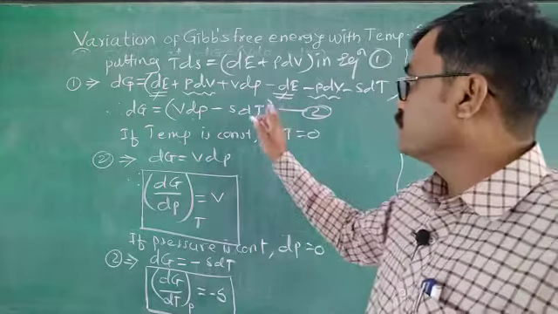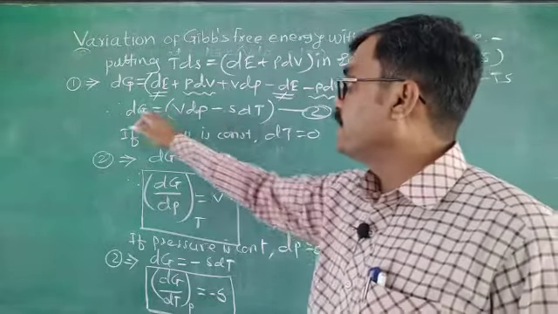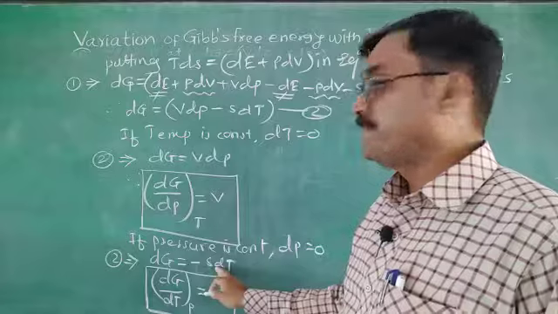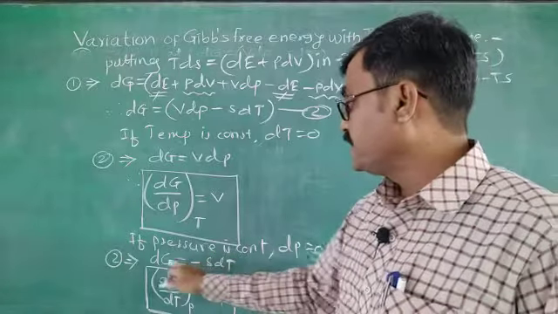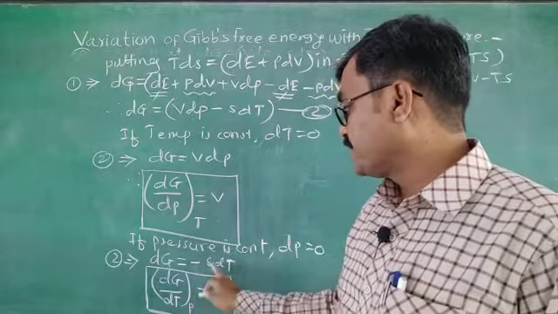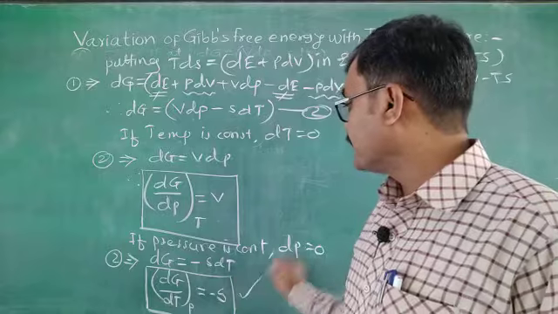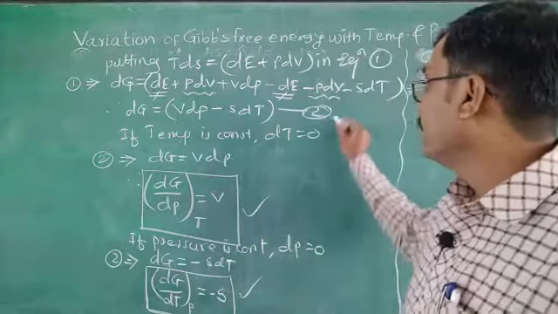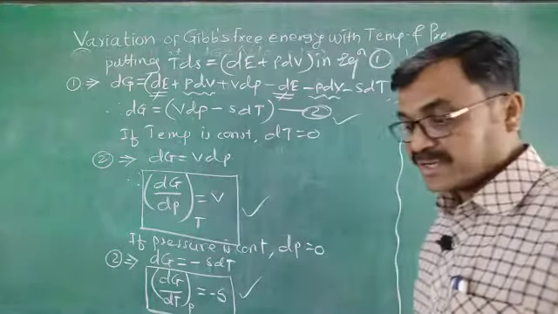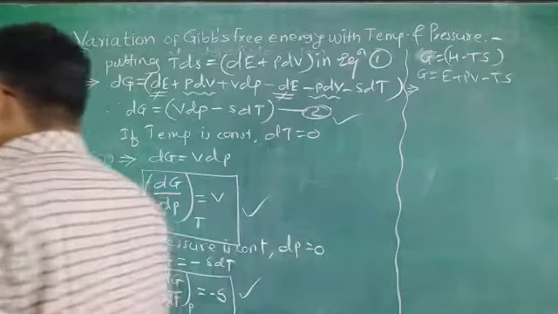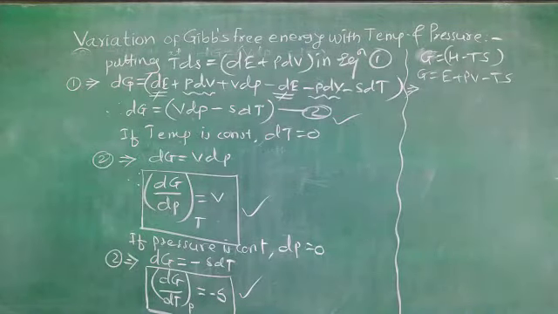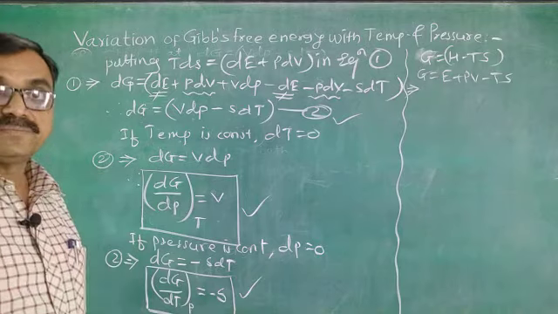If dP equals 0 in this equation, then dG equals minus SdT. Now again rearrange: dG upon dT at constant pressure is equal to minus S. This is the variation of Gibbs free energy change with temperature and pressure.